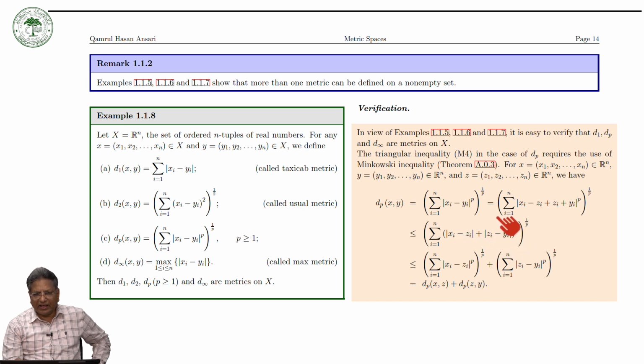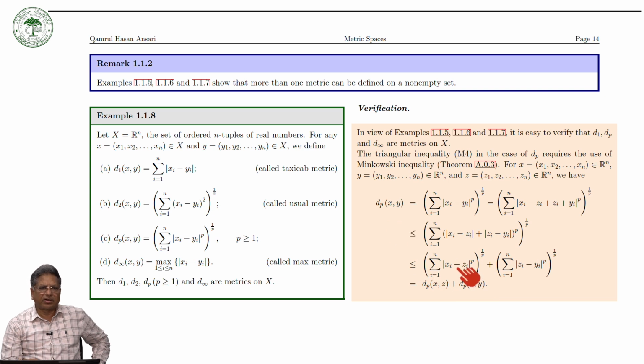Then we use the Minkowski inequality, so this is less than or equal to the summation of this plus the summation of this. But this is equal to dp(x, z) and this is equal to dp(z, y). Therefore, you can see that dp(x, y) is less than or equal to dp(x, z) plus dp(z, y).